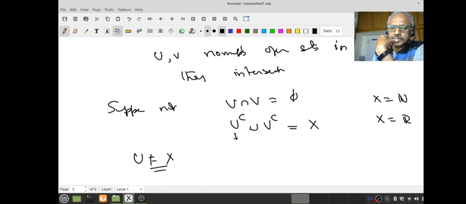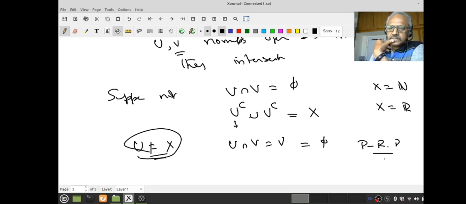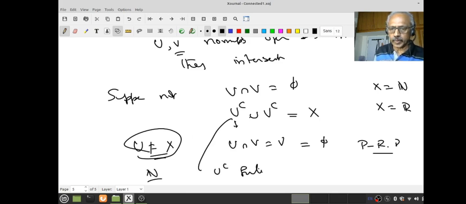U cannot be all of X, because if U is all of X, then U intersection V will be V, and this is not empty, because by assumption V is not empty. Do you understand this logic? Therefore U is an open set and U is not equal to X in the cofinite topology. That means in the case of N, U complement must be finite. For a similar reason V complement must be finite. Therefore their union must be finite, but that's all of N. That's a contradiction.